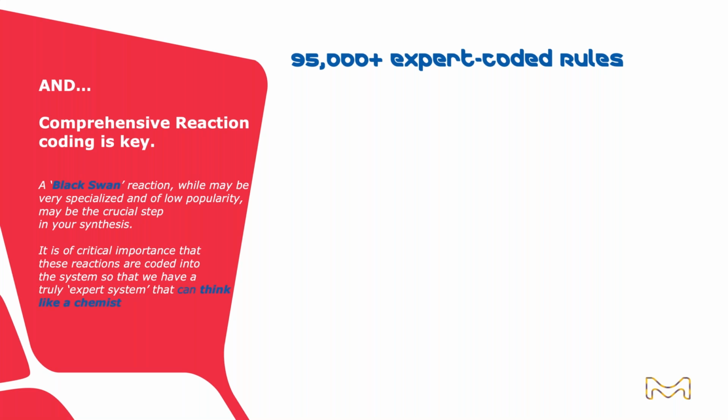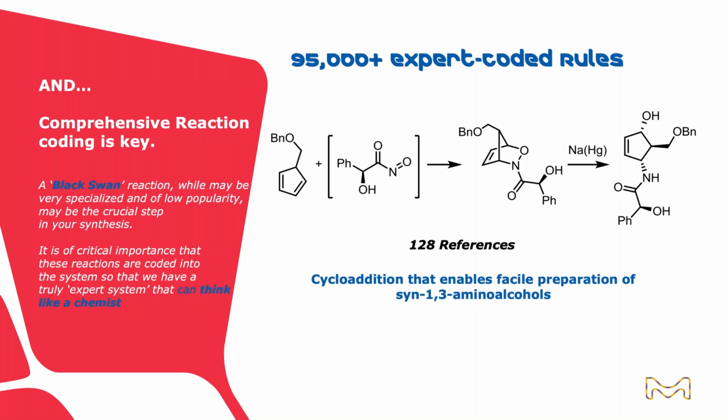And especially with chemistry, you need very large data sets and very clean data sets to be able to train your model on. And so this works very well with very popular reactions that are published many, many times, where there's enough examples, but it tends to miss more specialized reactions, what we call these black swan reactions, that are of lower popularity.